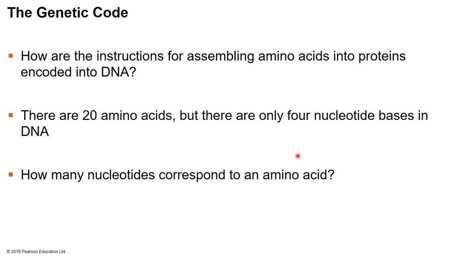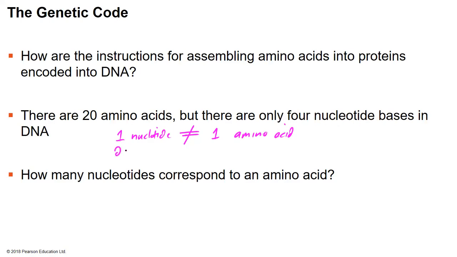So basically, one nucleotide does not equal 1 amino acid. Why? Because we have 20 amino acids. So we would need 20 nucleotides, and this is not true, because we have only 4 nucleotides.